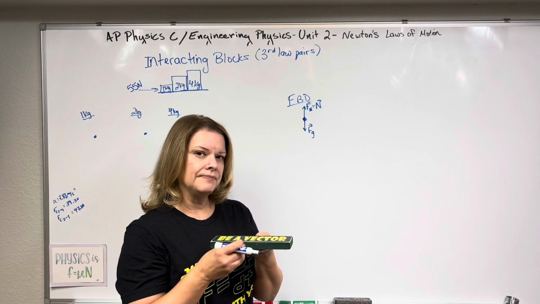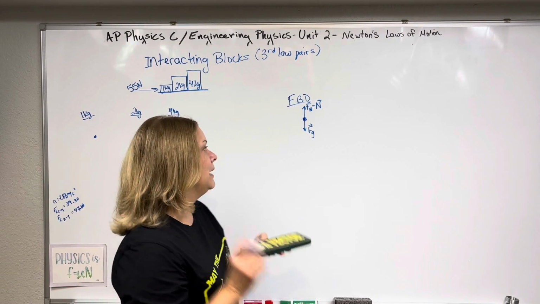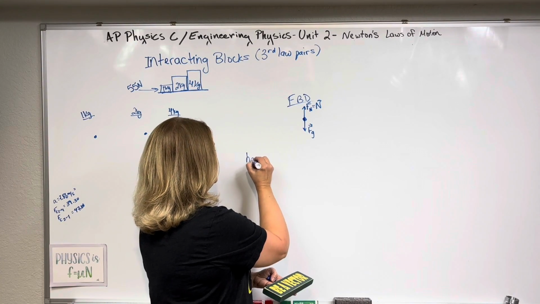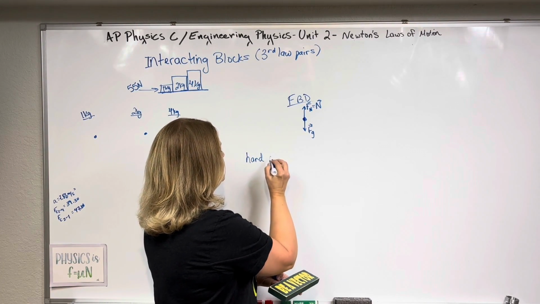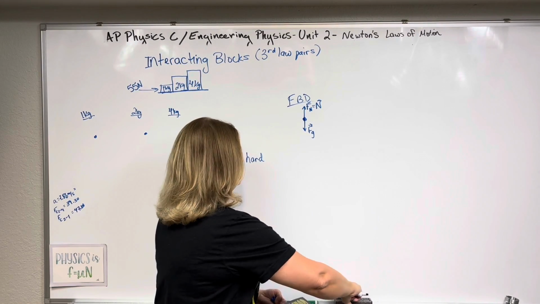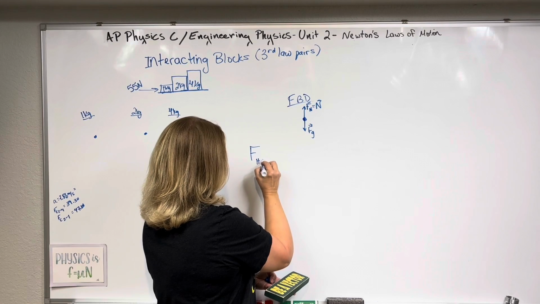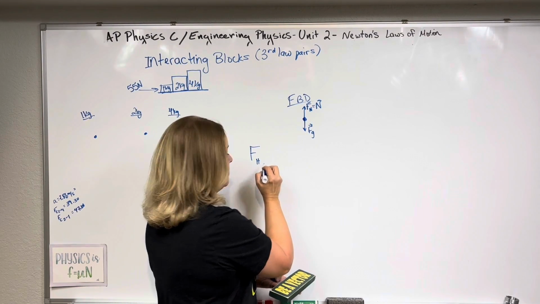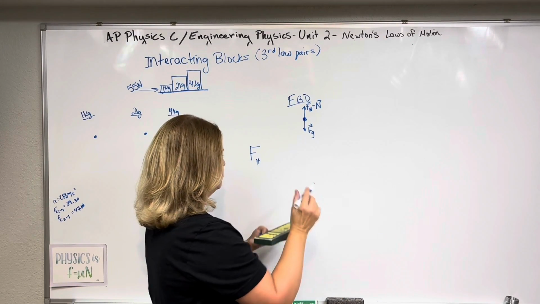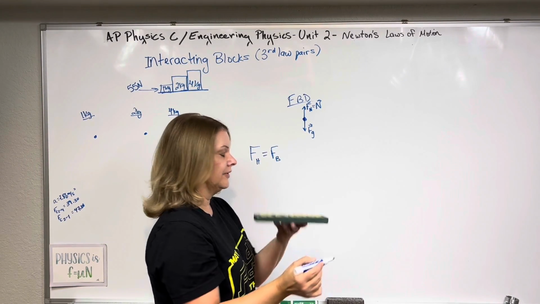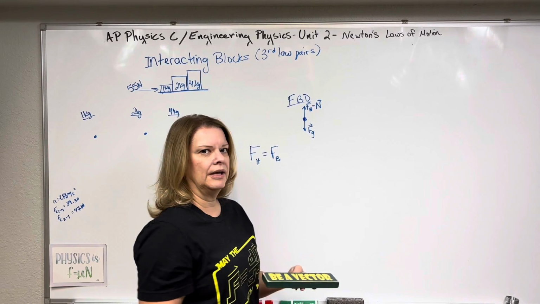All right, so the third law pairs, if you were looking at the third law pair here, let me do this. I would have the force of my hand pushing up on the block, which would be equal to the force of the block pushing down on my hand.